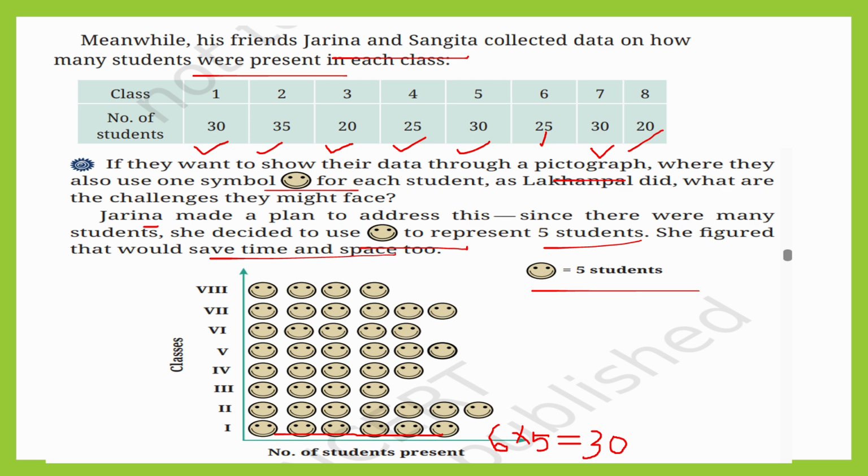Then for class 2, how many symbols are there in the pictograph? 1, 2, 3, 4, 5, 6, 7. That is 7 into 5, 35 children were present. Likewise, she created the other classes also.